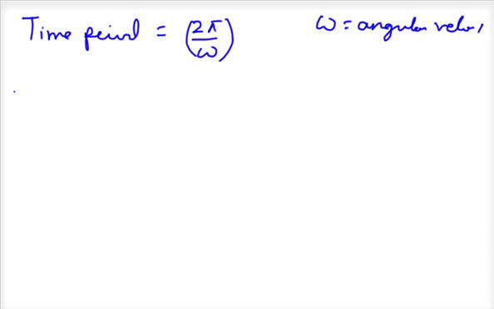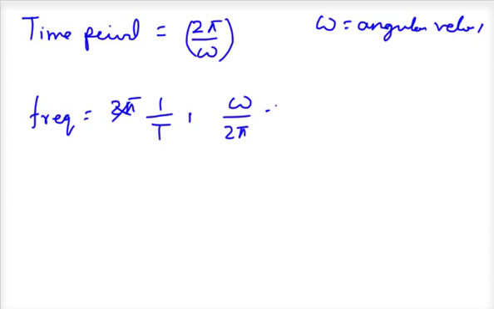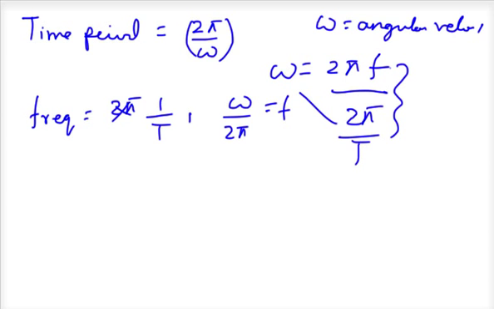We have already written that frequency is equal to 1 upon time period. So from there I can say frequency is equal to omega by 2 pi, and omega is equal to 2 pi into frequency. So there are two formulas I have for omega: omega is equal to 2 pi into frequency, or 2 pi by time period. It is referred to as the angular velocity.